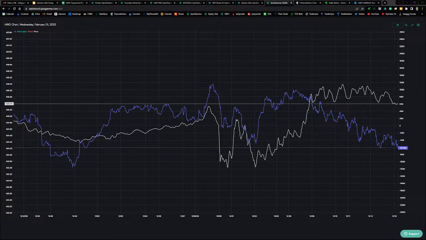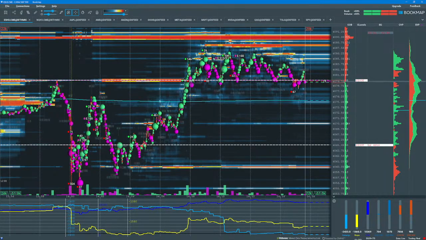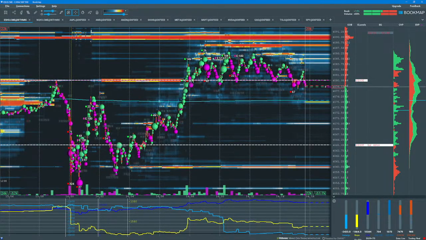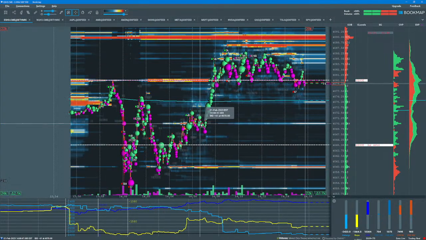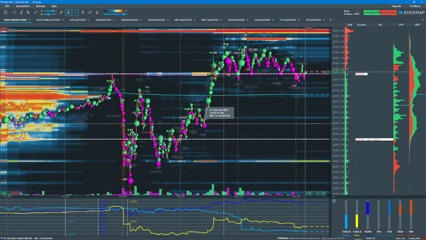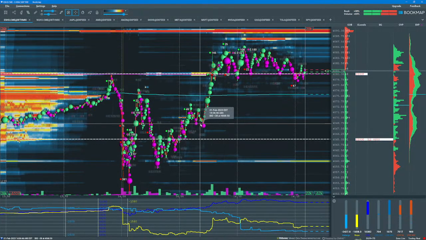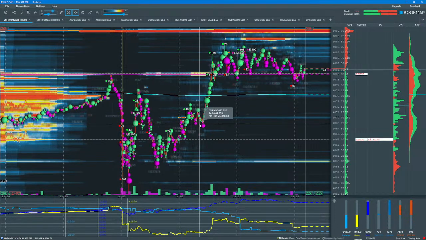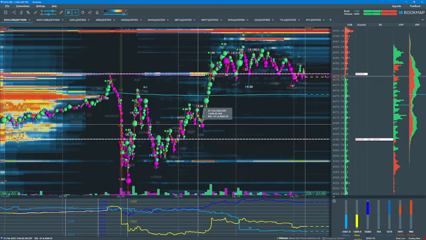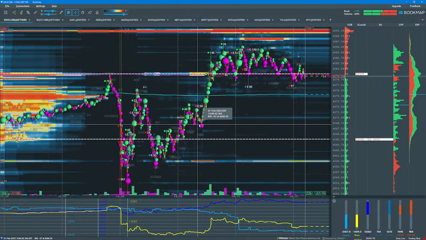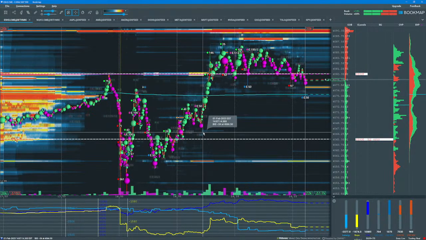Let's go back to Bookmap. So price is right at this 40.65 pivot level. Looks like it's trying to go lower.